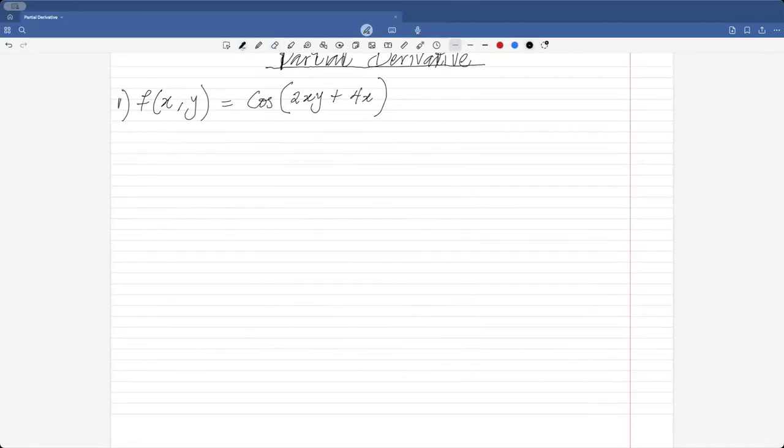And f(x, y) equals tan of open parenthesis x plus y plus xy plus 4x close parenthesis.